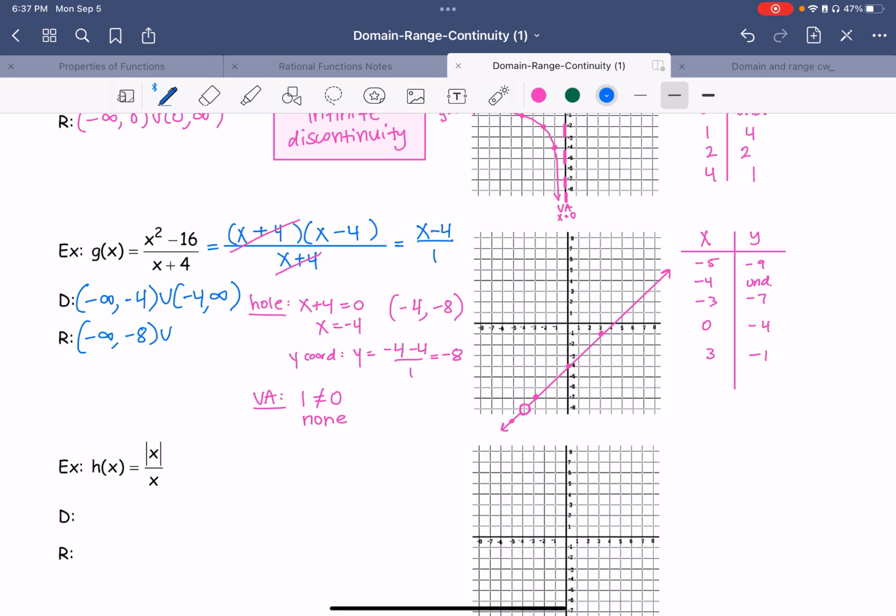So the range will be negative infinity to negative 8 and negative 8 to infinity. Now this one had a hole, it didn't have a vertical asymptote, and the type of discontinuity that is called removable. So this one is a type of removable discontinuity.